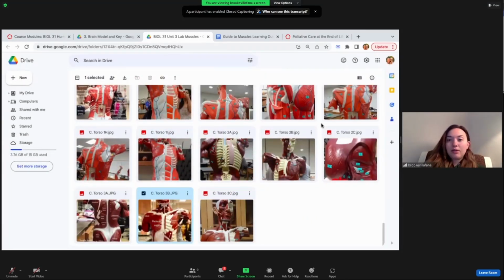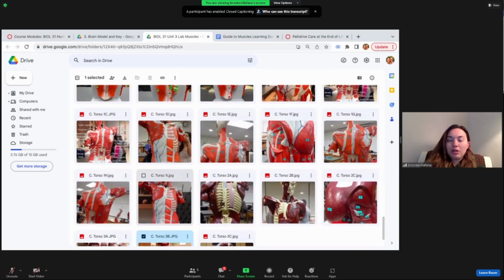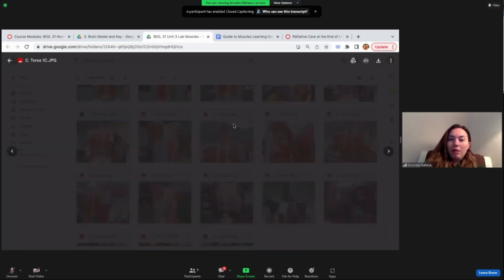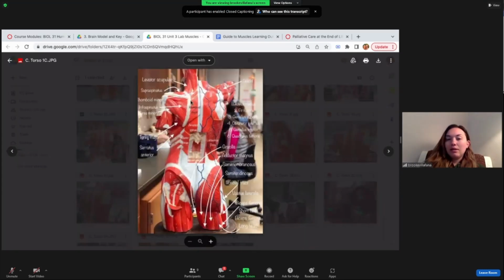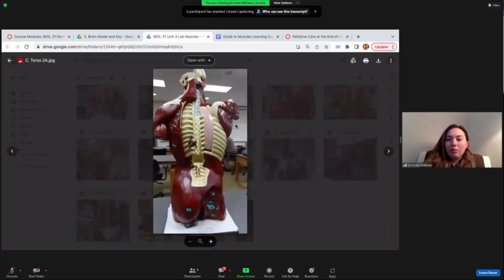Like I said, they're already labeled for you. There are additional pictures you could print. What I recommend is printing these and taking them with you into lab so you can practice labeling.